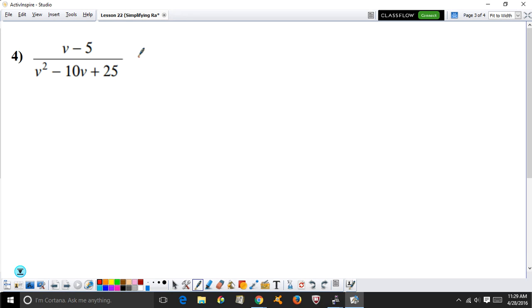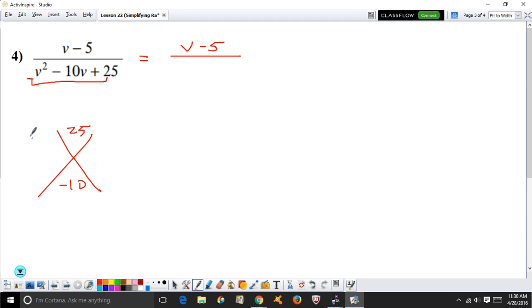Okay, so now let's look at our last example. Same idea here. Can I factor out the numerator? No, I can't. So rewrite it. Can I factor out the denominator? Which method can I use? I can use the x method. Two numbers that if you multiply give you 25, and if I add them up give me negative 10.